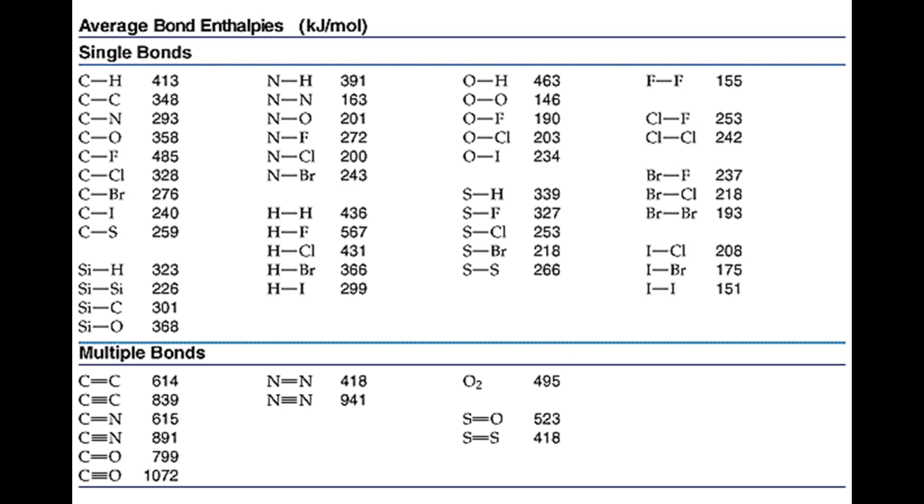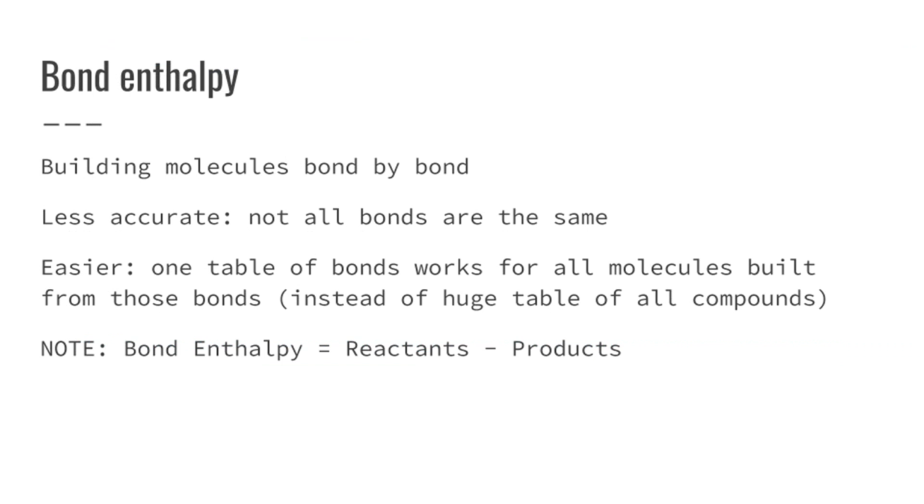And you add them all up, you do the necessary subtraction, and it is almost, but not quite, like an enthalpy of formation, a sort of Hess's law problem, with the important caveat that you have to do reactants minus products, because the way they measure and record these bond enthalpies is precisely backwards from the way they measure and record enthalpies of formation.